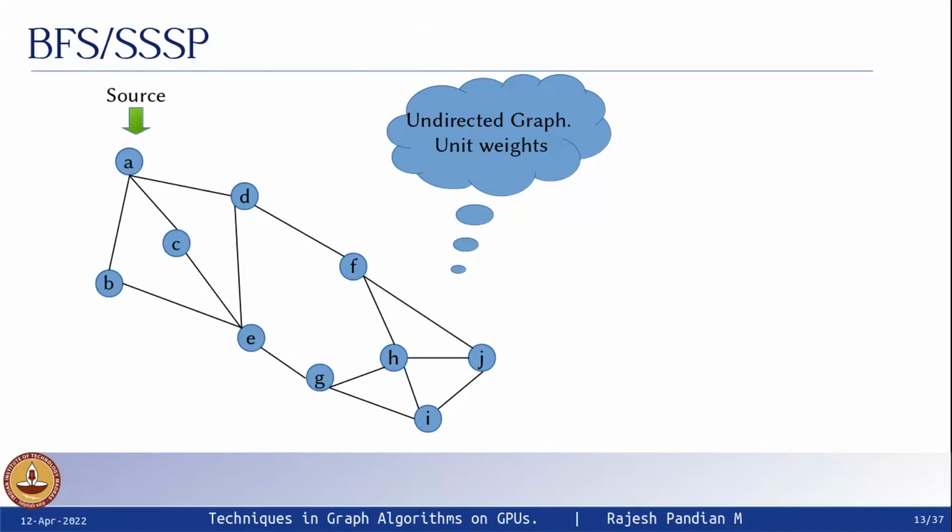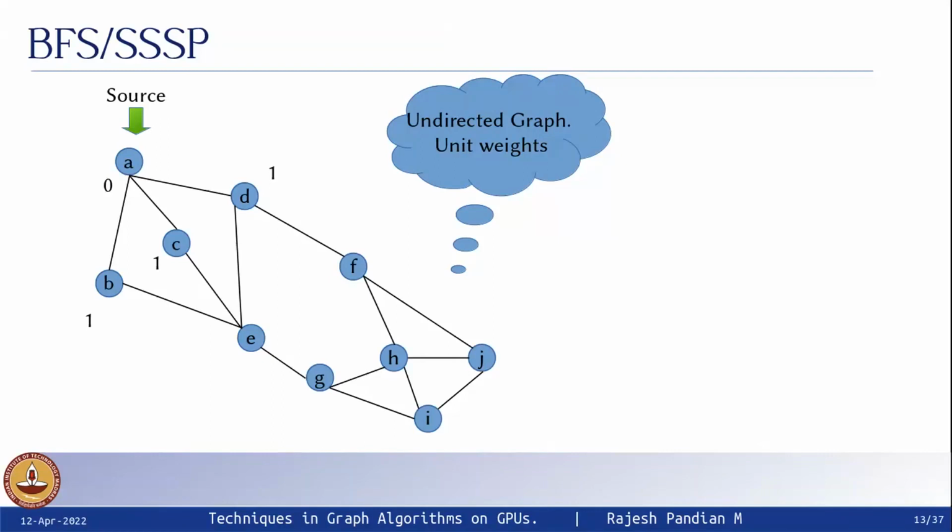Okay, so for any BFS or SSSP, we should start from a source, and let's say node A be our source, and let's compute the distances from the source, or if it is BFS, then it is the levels from the source. So in case of an undirected unweighted graph, both the BFS and SSSP will give us the same result. The levels and the distance array are the same here.